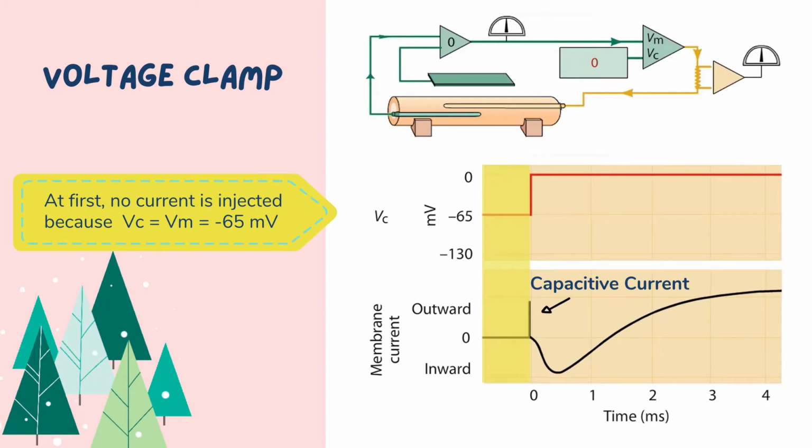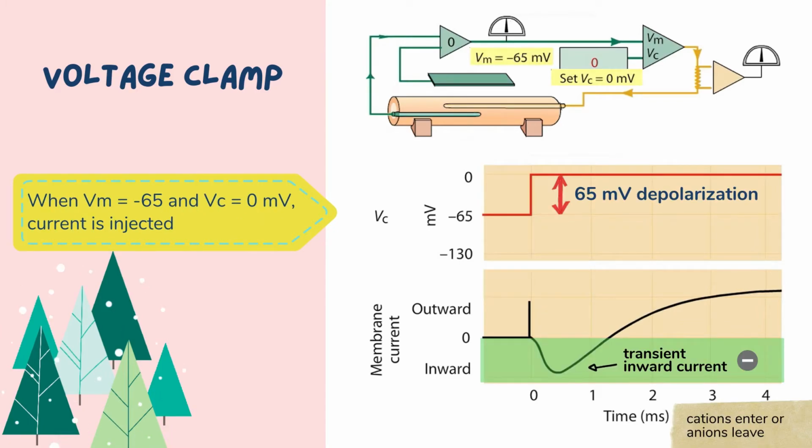The capacitive current occurs because the step from one potential to another alters the charge separation and the electrical potential difference across the membrane. When Vc is equal to 0 mV, the amplifier injects current which causes ion channels to open such that one sees an initial surge of inward current caused by sodium ions entering the cell.